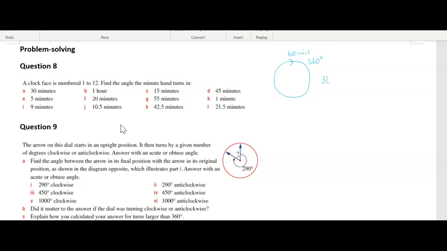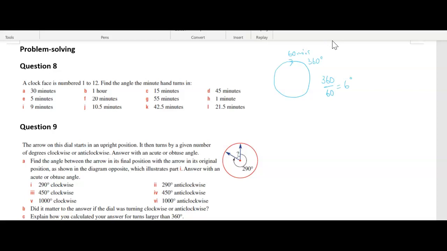So if we do 360 divided by 60, that's going to tell us how many degrees are in 1 minute. So that is 6 degrees. For every minute your minute hand moves on your clock, it moves 6 degrees.